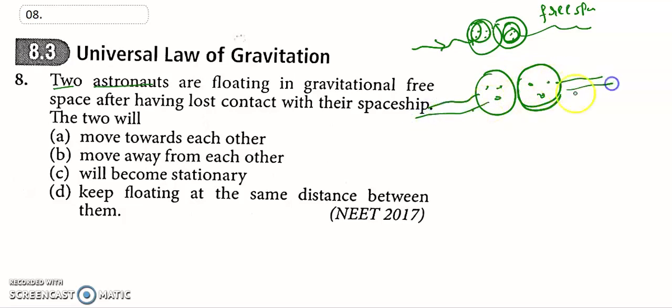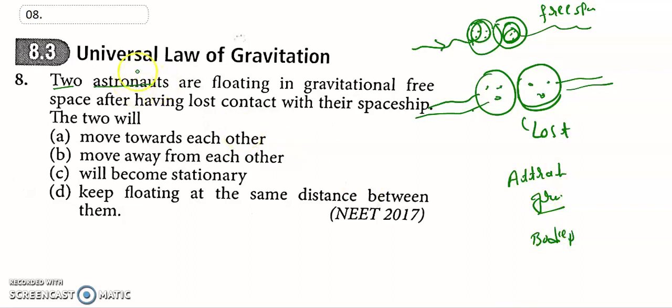After the two astronauts lose contact with the spaceship, it will actually be attraction, because gravitational force is always an attracting force between two bodies.